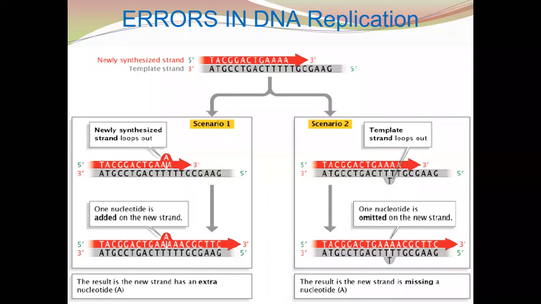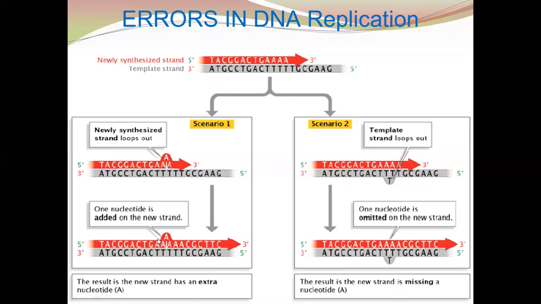There may be two scenarios. In scenario one, the newly synthesized strand may loop outward. So there is the outward looping of the adenine nucleotide. Due to this, one nucleotide is added on the new strand.